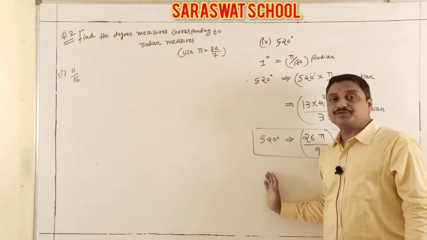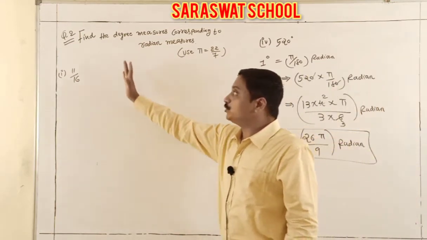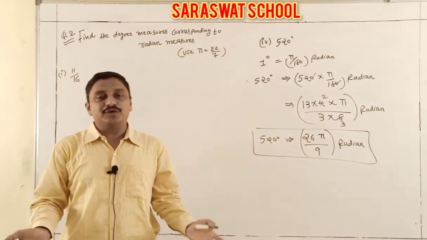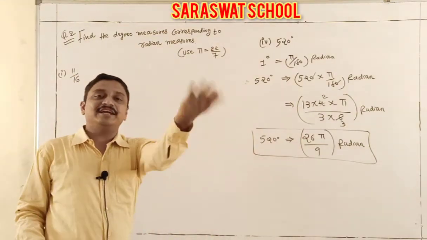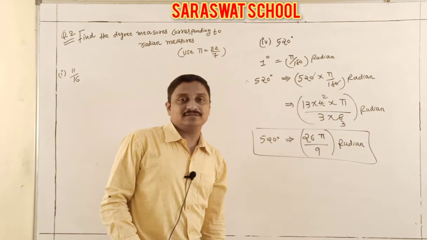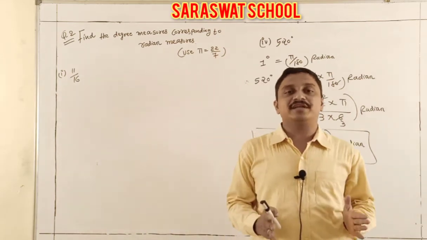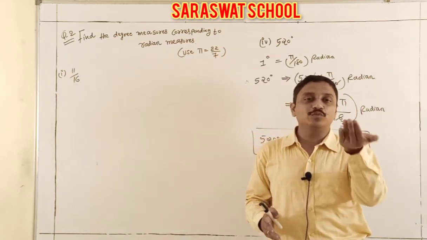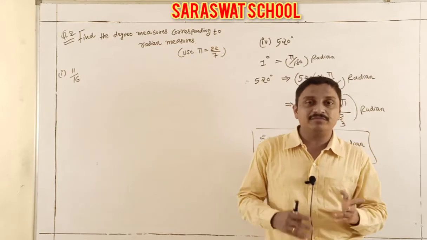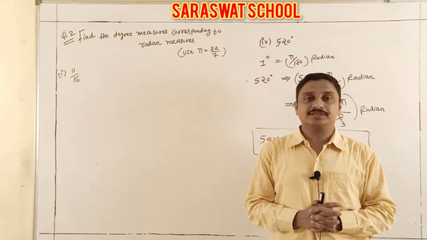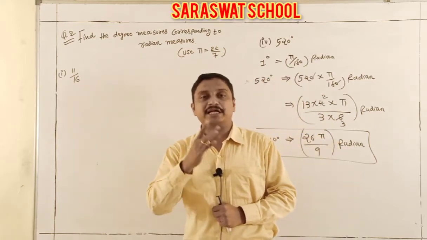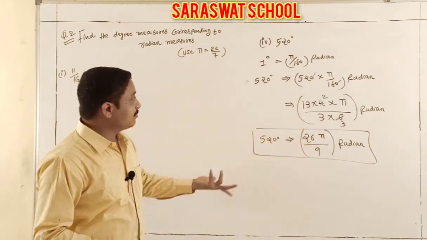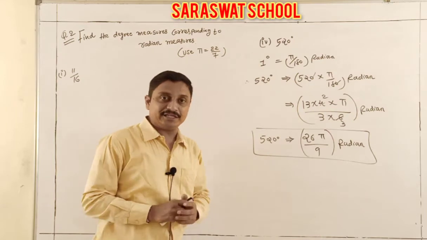Now after completing our first question, students, I go into question number 2. Question 2 is asking, given the radian measure, translate into degree measure. So students, in degree measure, you translate up to minute and second also in the existing questions. Here the question is given 11 by 16 radian and I translate to degree. Same formula applies. 1 degree is pi by 180 radian.